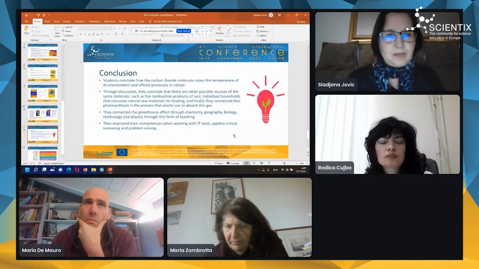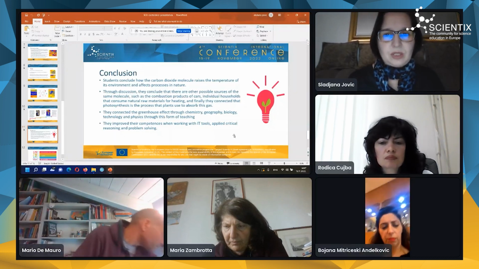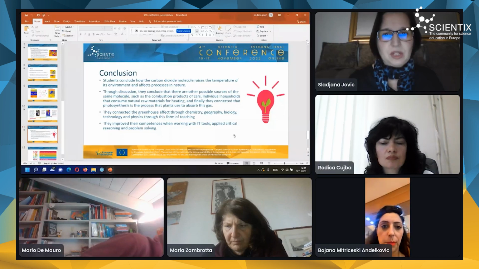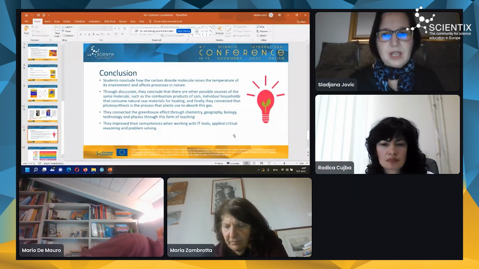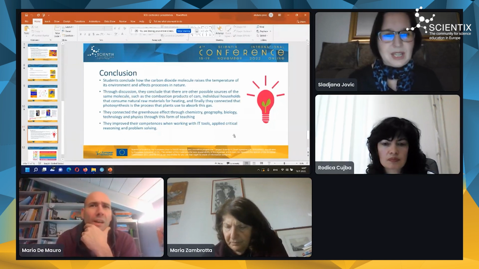As a conclusion, students concluded how the carbon dioxide molecule raises the temperature of its environment and affects processes in nature. Through discussion, they concluded that there are other possible sources of the same molecule, such as combustion products of cars and individual households that consume natural raw materials for heating, and finally, they connected photosynthesis as the process that plants use to absorb this gas.